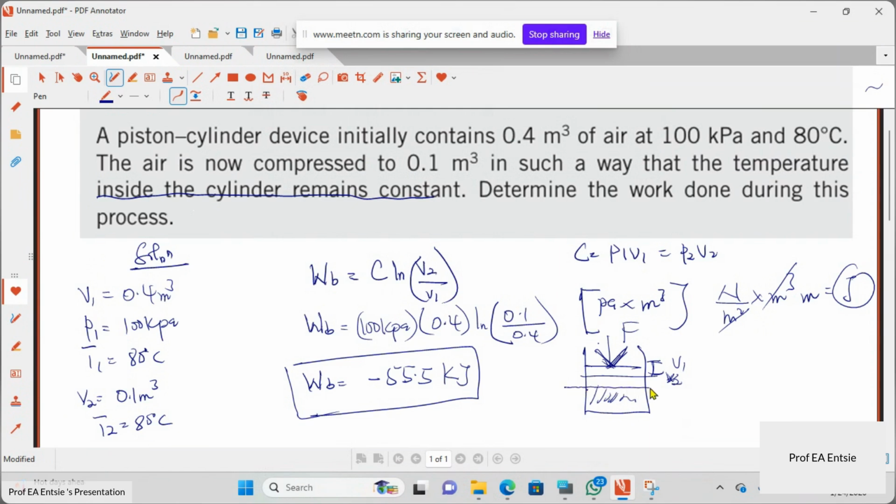So the piston will come somewhere here, making V2 lesser than V1, the original volume where the piston was here. So V1 is here, V2 we compress it, so piston has come here. So volume is less. That's why we had negative on the work done. So work done is indeed negative. We've seen it in the calculation, right?